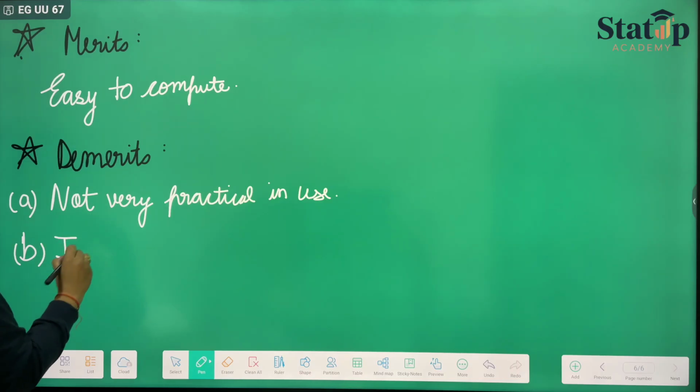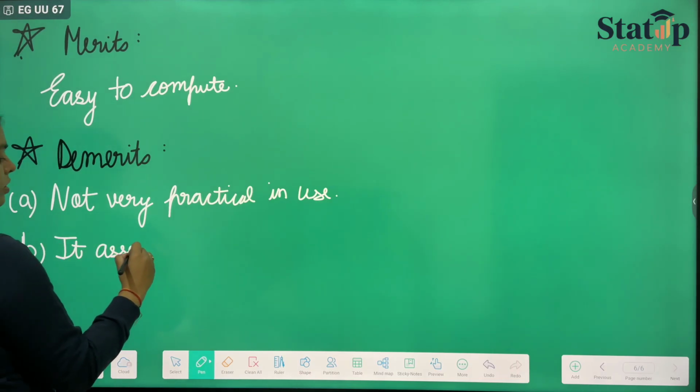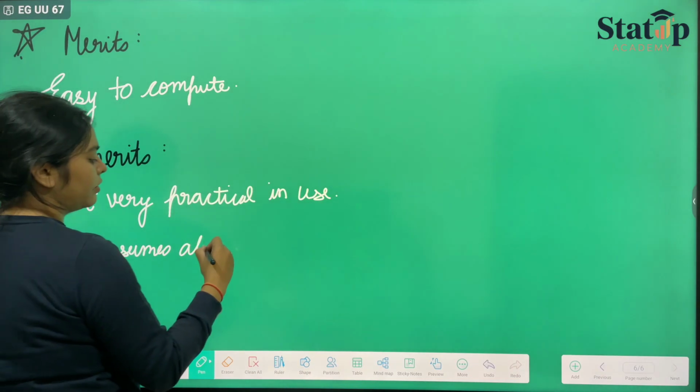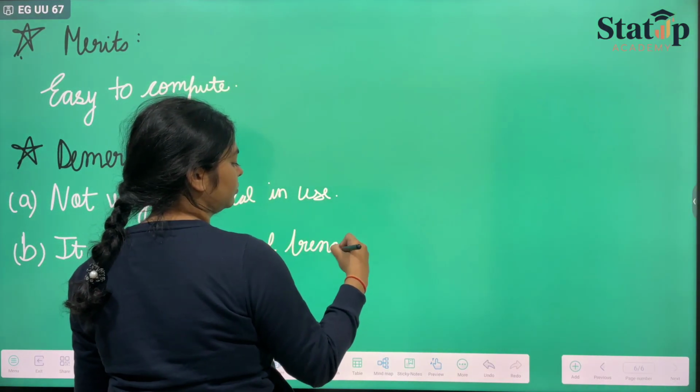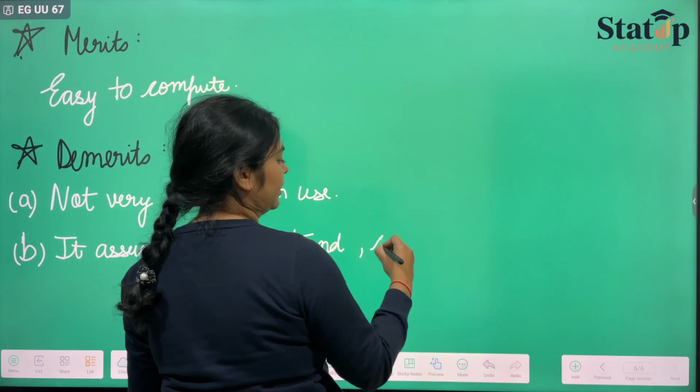The second demerit is that it assumes the absence of trend and cyclic component.